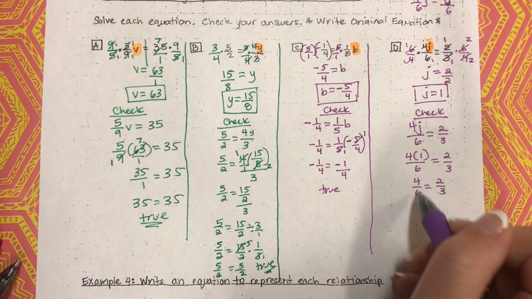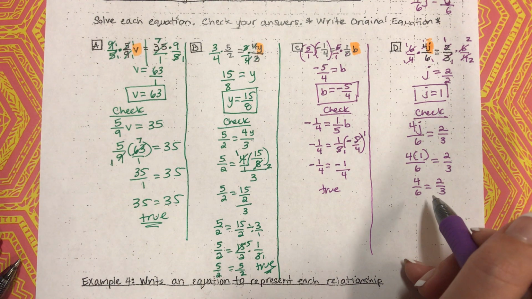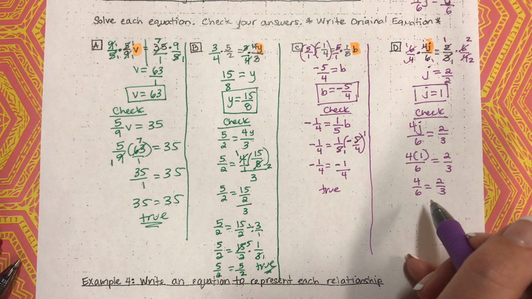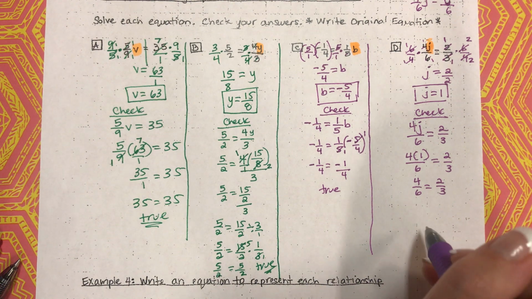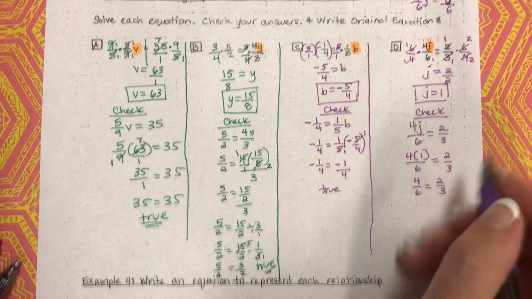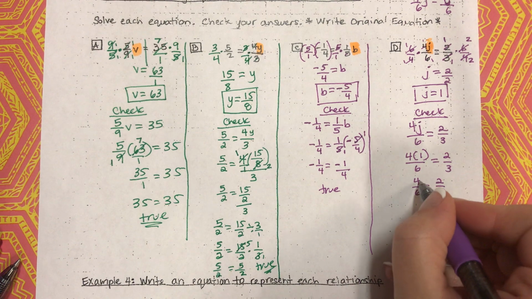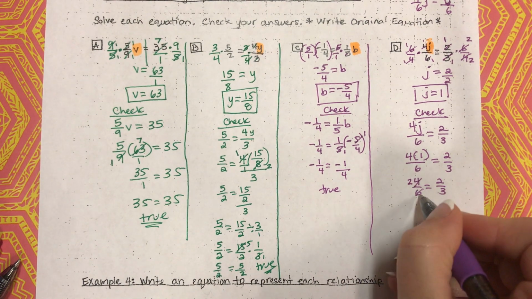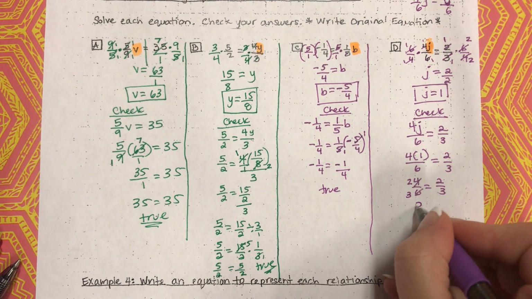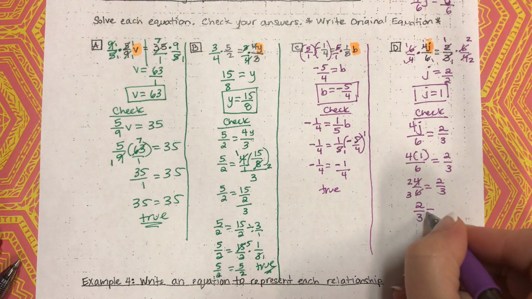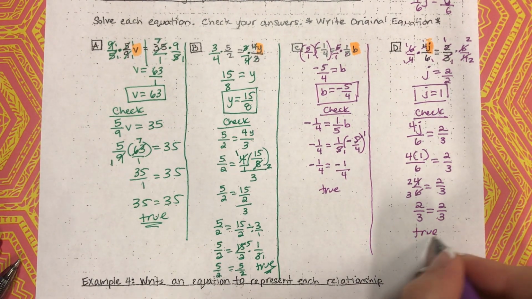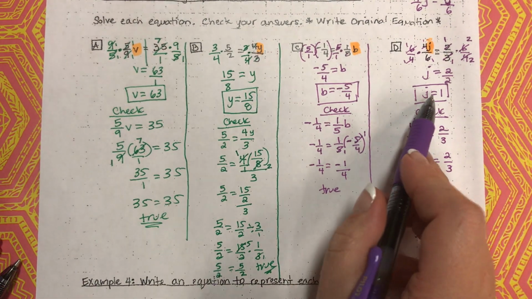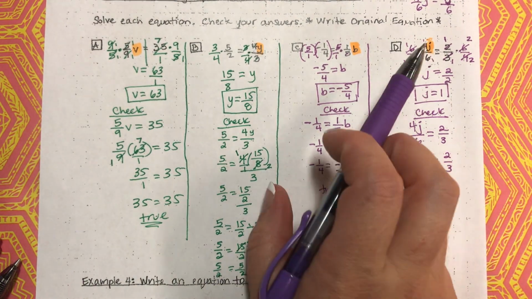Now we're just going to look at 4/6. Can we put that in simplest form? Is there a number that goes into both 4 and 6? Well, they're even, so we know that 2 goes into both of those. 2 goes into 4 2 times. 2 goes into 6 3 times. So we actually end up with 2/3 equaling 2/3, which is our true statement, which means our answer, j equals 1, is the solution to that original equation.